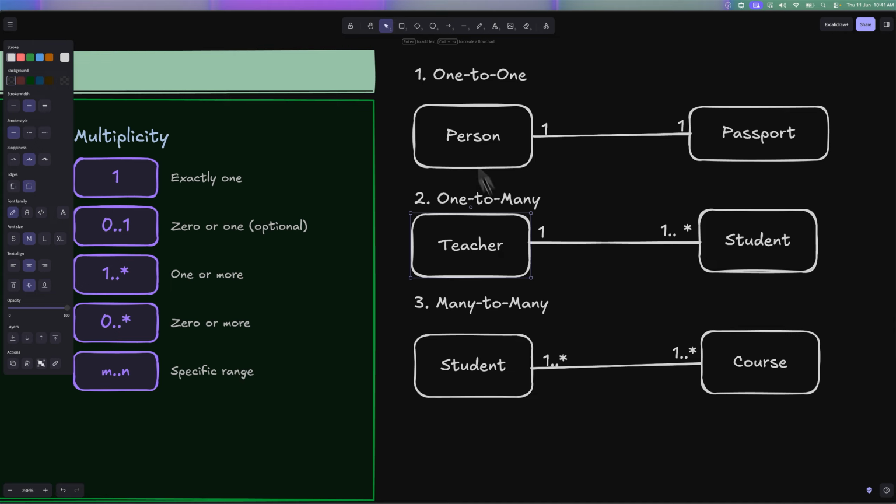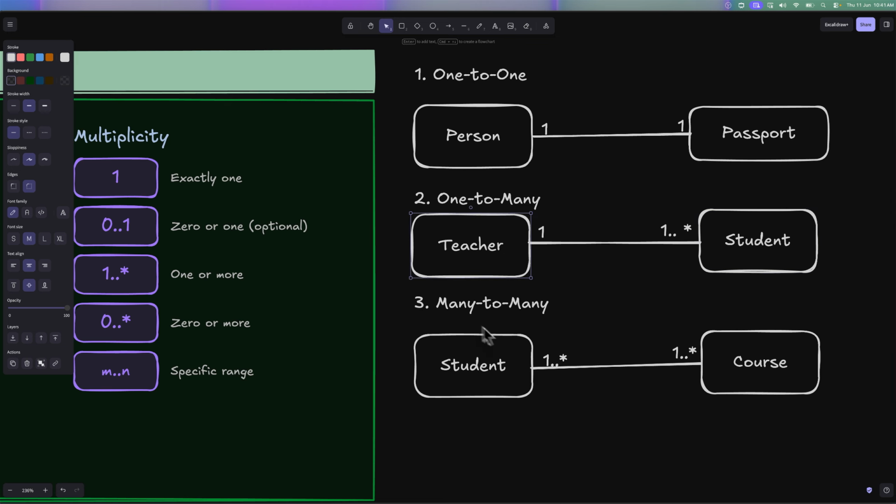In this example, this is a one to one: one instance of a person class is related to one instance of a passport class. Similarly here, one instance of a teacher class can have one or many students, and one student can have one teacher.